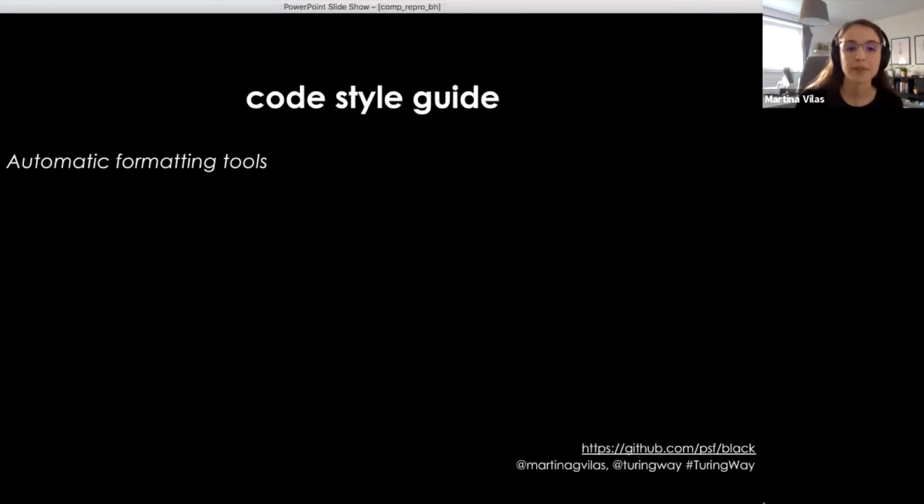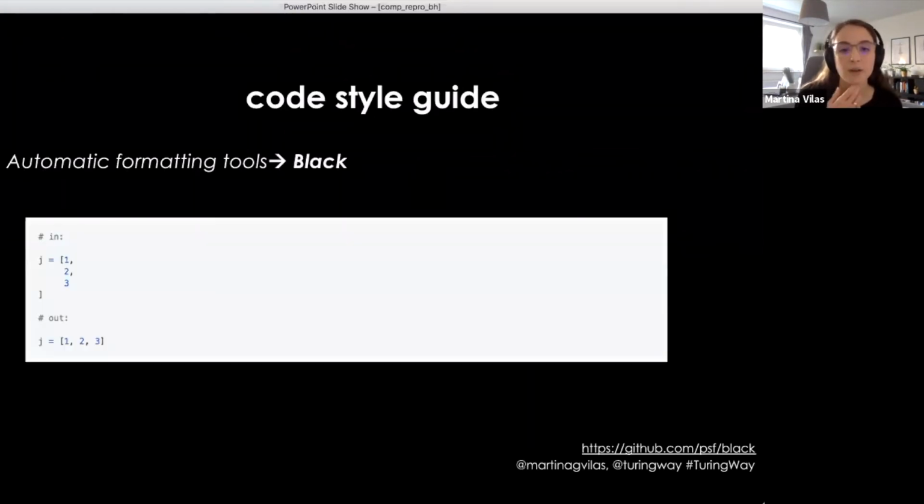And besides this tool, you also have another one, which is called automatic formatting tools. What they do this time is that they read your script, but they don't throw an error when they find that you're not being compliant with the convention. What they do is actually change your code to be compliant with the convention. One of the most well-known for Python is Black.